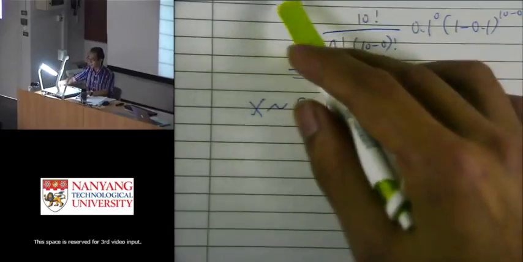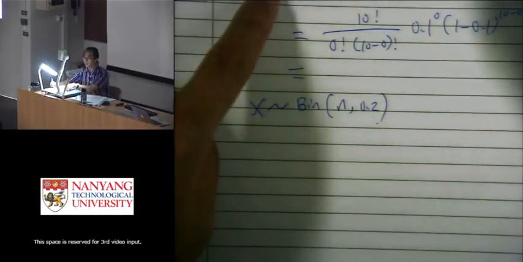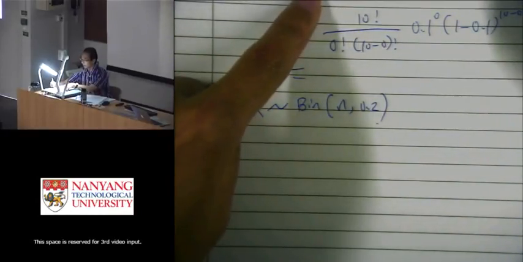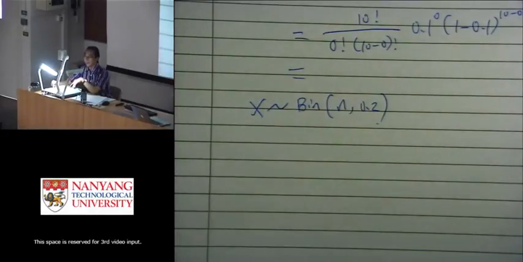So we calculate this one. We plug in x equals 0. Then we get n factorial divided by 0 factorial times n factorial, and then p to the 0, and (1 minus p) to the n minus 0. The n factorials cancel each other, right? 0 factorial equals 1, and p to the power 0 is 1.